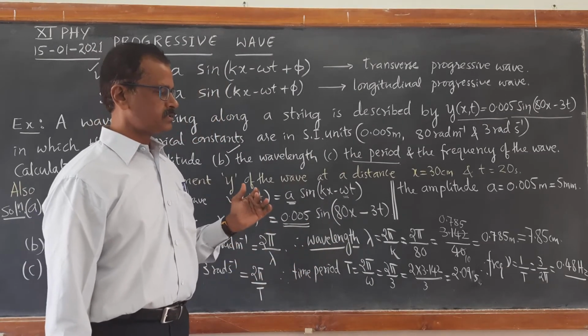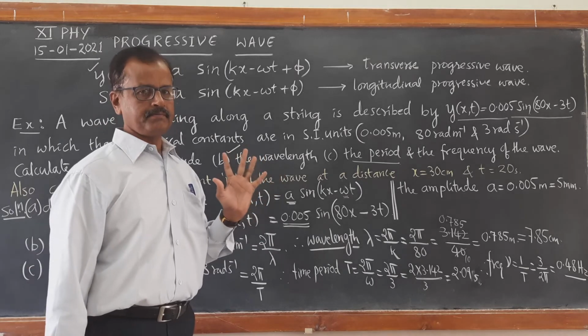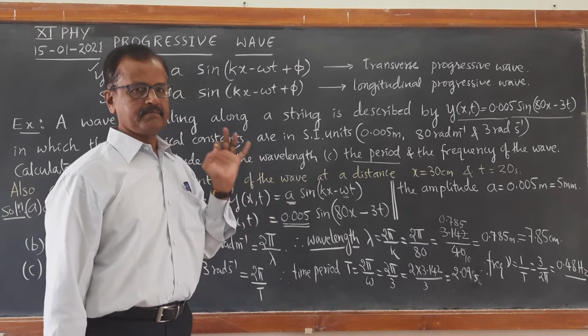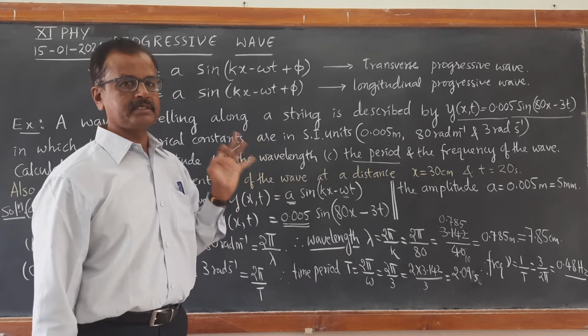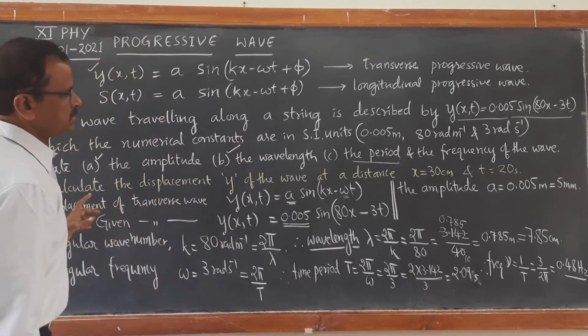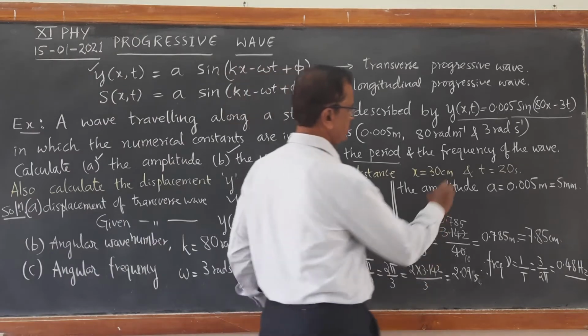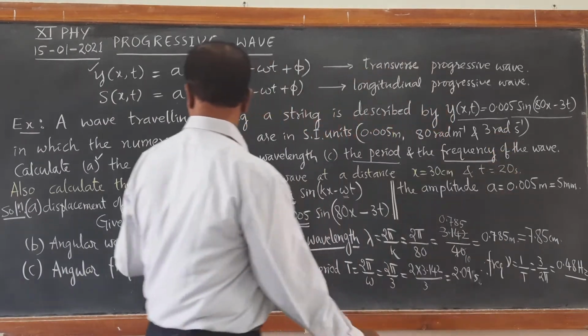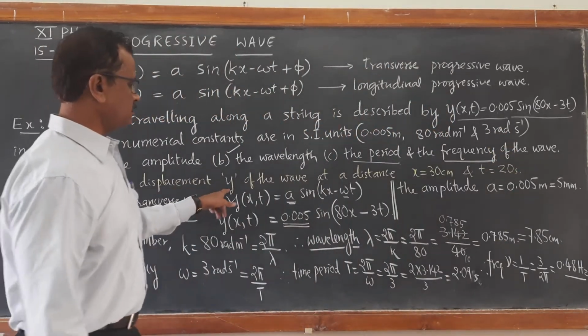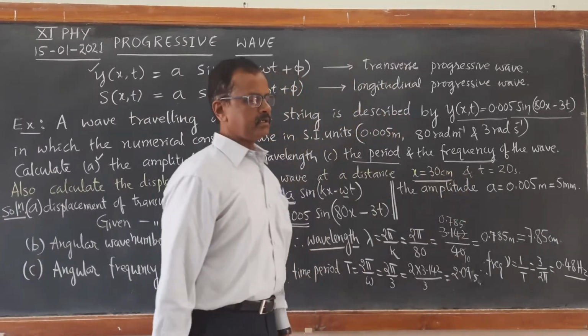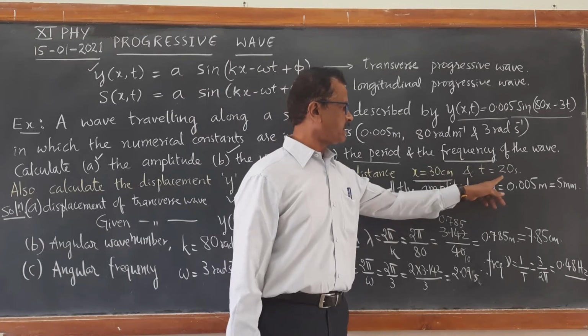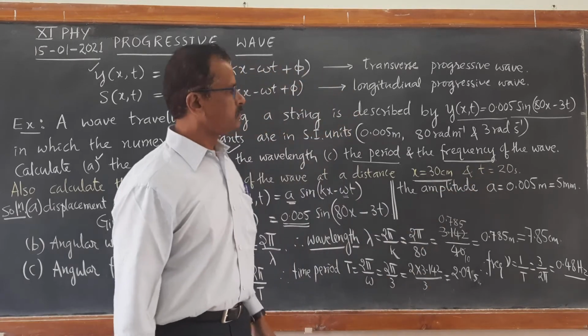The number of waves traveling per second through a particular point is 0.48 per second, right? That is the frequency. So period is over, and now the frequency is also over. Now we will calculate the displacement at the location x equal to 30 centimeter and time t equal to 20 seconds.